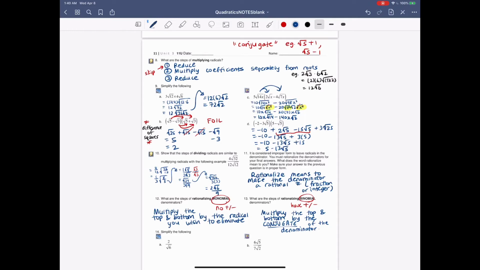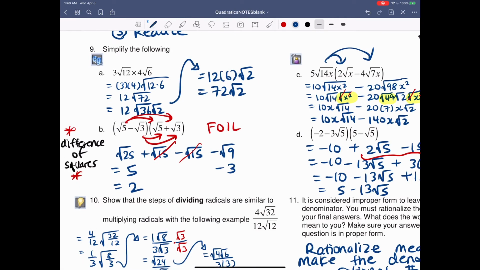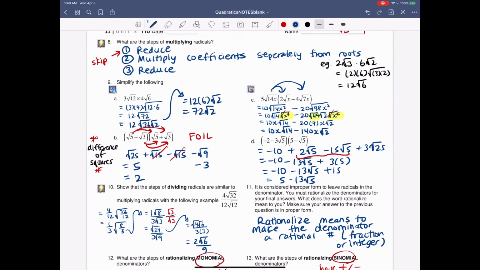The reason that helps us is because we have a difference of squares going on. So take a look at example B. See how you have multiplied the first conjugate by the second conjugate? As a result, by difference of squares, you have gotten rid of the values that were rational because they cancel out, and you have the other parts which have multiplied.